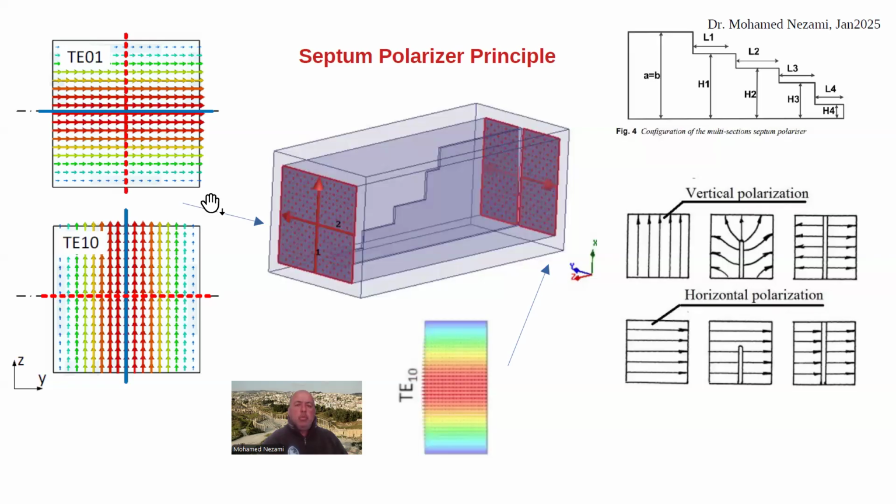So what we want to do is go from here into a TE10 mode in here, or 01, okay? And that's basically the septum. We can show that it takes two signals, either horizontal or vertical. Then, while they propagate from this end to this end, they are subjected to these stair-stepped metal pieces.